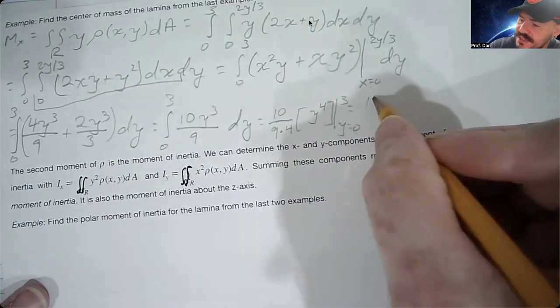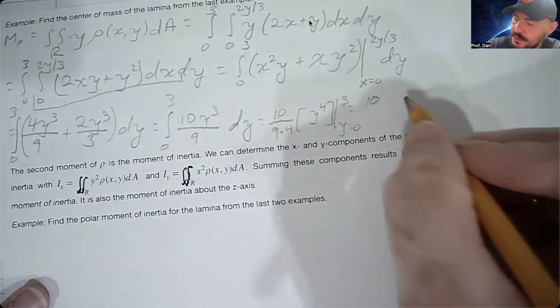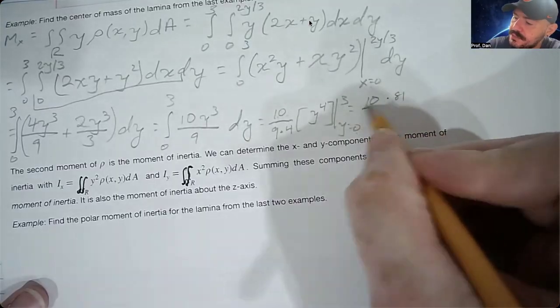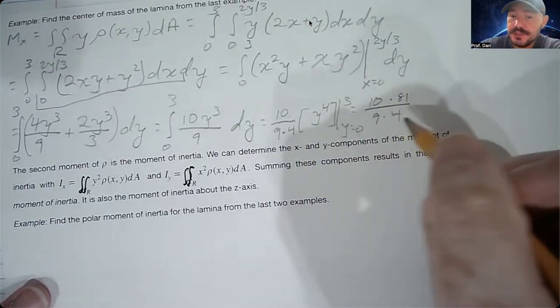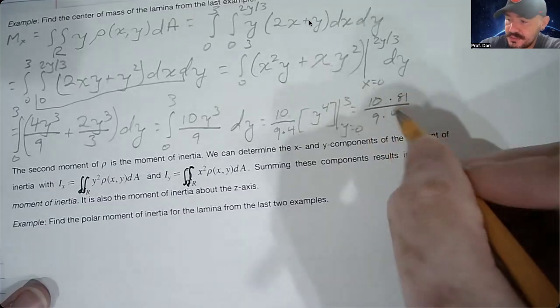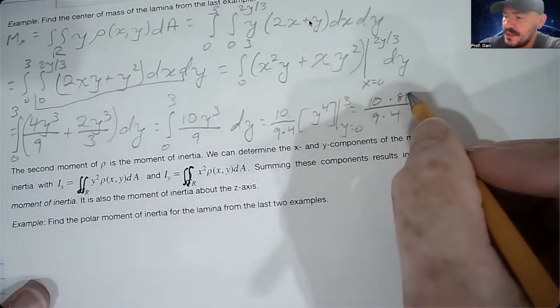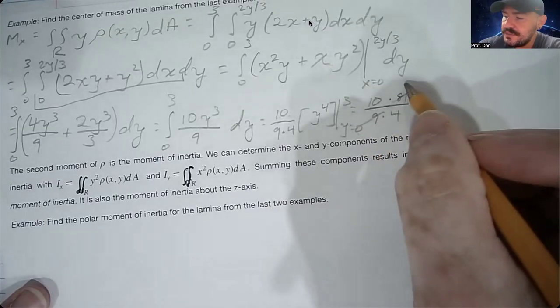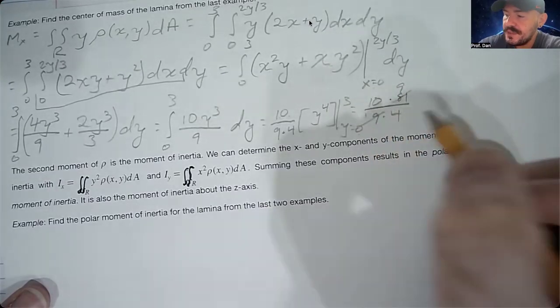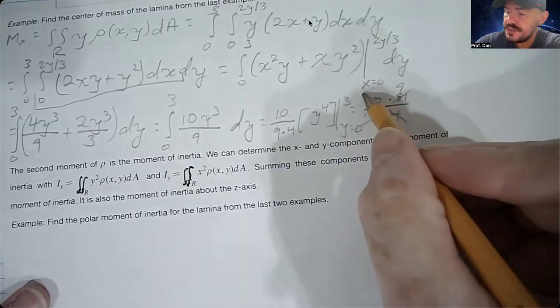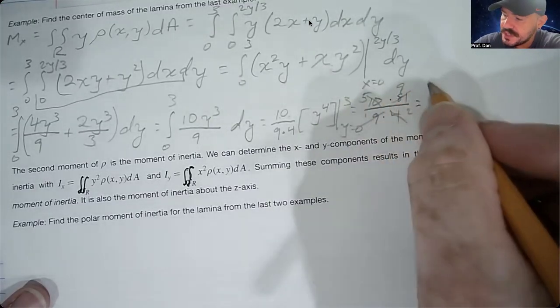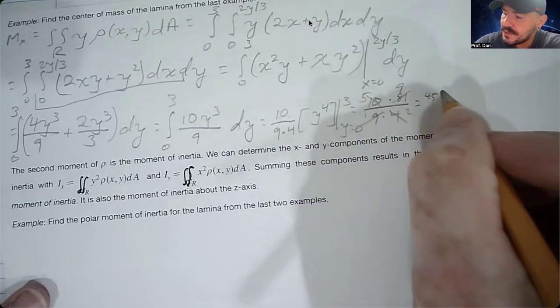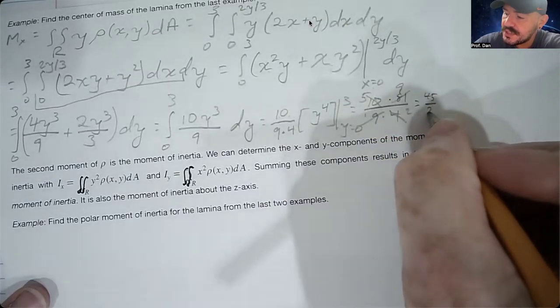So I would end up getting 10 that's still in the numerator from over here times 81 over 9 times 4. And lucky for me, I don't really need to multiply all of this out because all of this reduces. So 81 divided by 9 reduces to 9 over 1. 10 over 4 reduces to 5 over 2. So altogether, I get 5 times 9, that's 45. 1 times 2, that's 2.